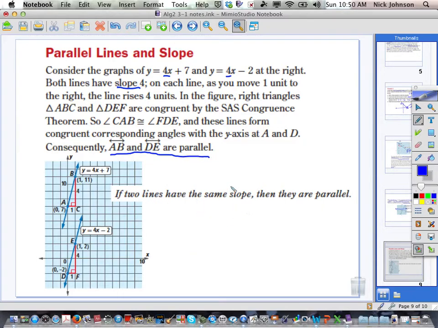Which leads me to this that you need to write down. Two lines that have the same slope are parallel. These two things will never intersect because they have the same slope.